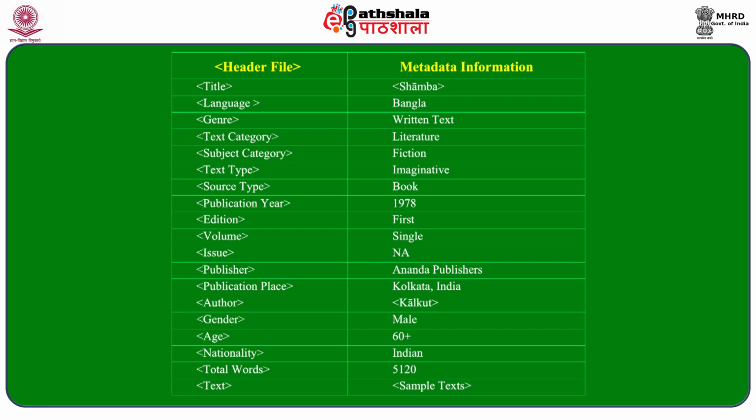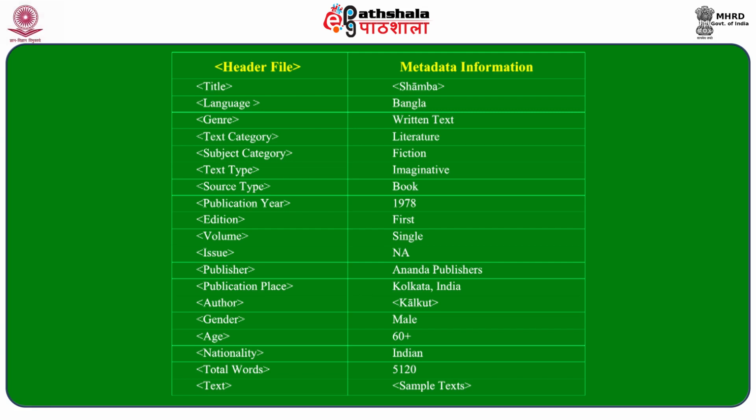In the case of genre, we say whether it is a written text or spoken text, and that is marked. Under text category, we find out whether it is literature or non-literary text. Then for subcategory, we give the name of the fiction, and the text type is imaginative text. Source type is a book.